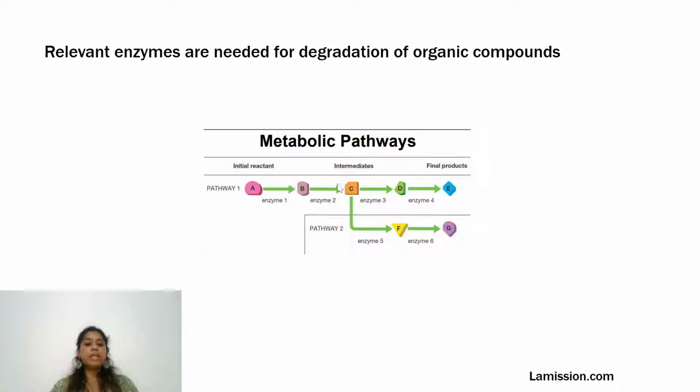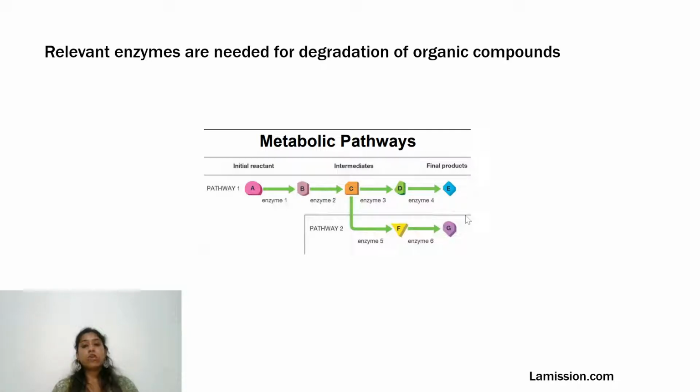Similarly, from B to C, C to D, and D to E, totally four different enzymes are required to convert the substrate A to product E. So this is the initial reactant, so that's the substrate. In case the microbe that we choose does not have enzyme 2, the process will stop at B. It will not progress to C, D, and then finally to E.